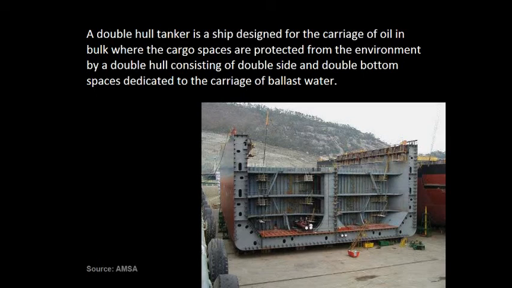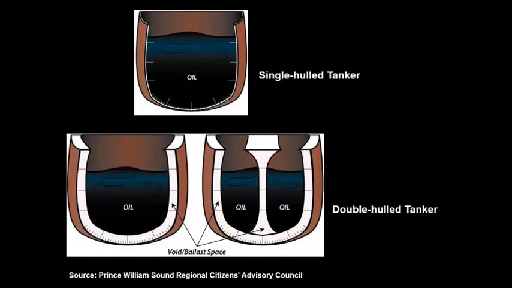So the idea here was we have a double hull, and so there's the internal hulls where the oil is stored, and then your outer hull can be damaged and you don't necessarily lose your cargo. So a greater level of protection, and yeah, so there's the difference. Your single hull tanker, oil's all through, and then the double hull tanker with void and ballast space around it.